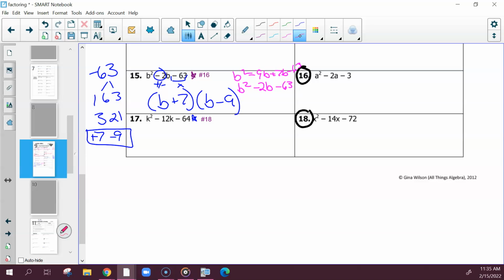For 16, what are two numbers that multiply to be negative 3, but add to be negative 2?